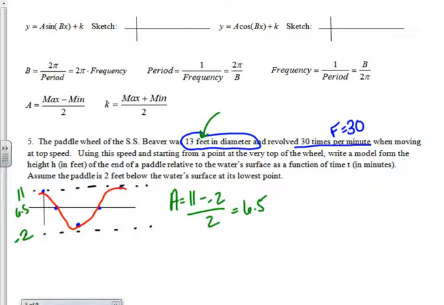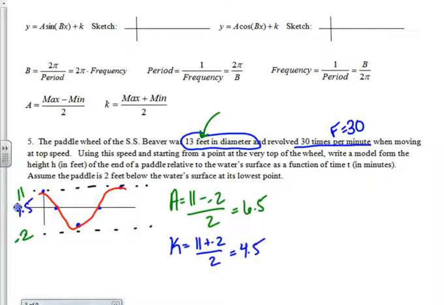Oops, what did I just find? Not that. I just found amplitude. The midline, the K, is my max plus my min cut in half, so 9 cut in half is 4.5.